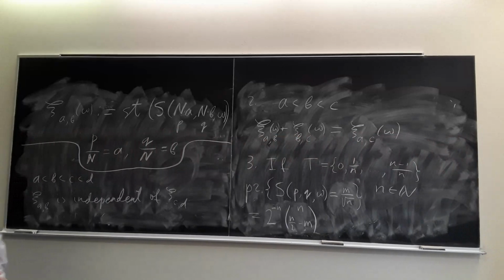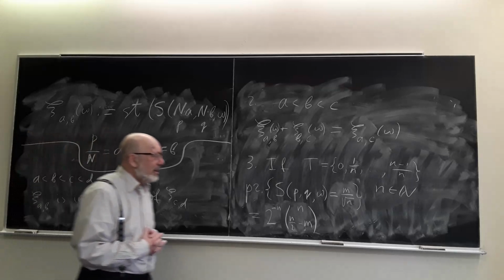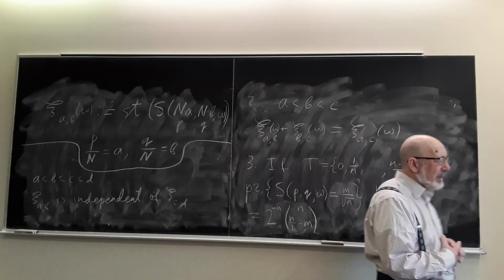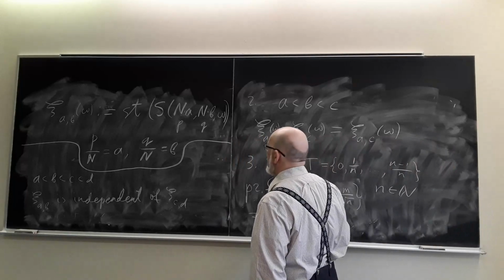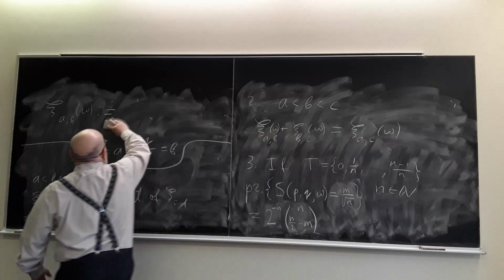We need to prove that this function, in fact we have this function C_AB of omega, depends on A and B. So how to prove that for almost all omega it is continuous in A and B. This function is defined on the rational A and B. This is a theorem, so let me give a definition again.